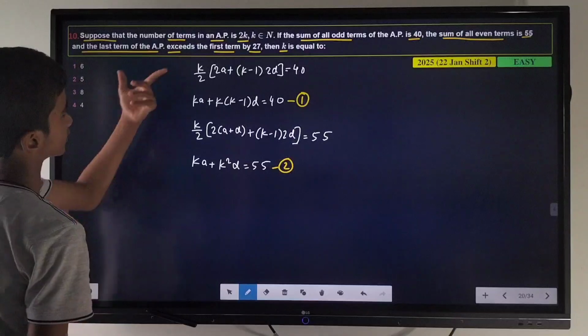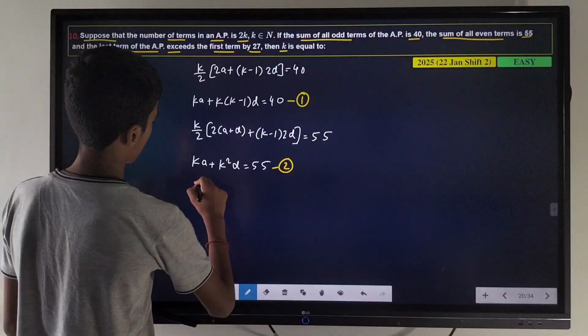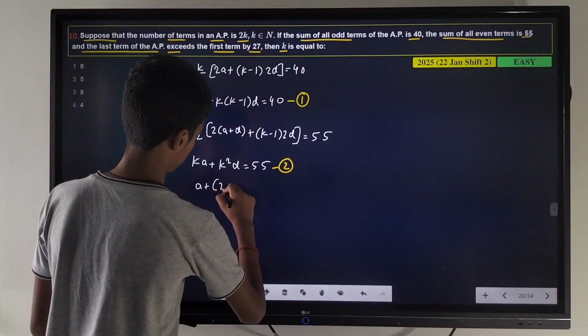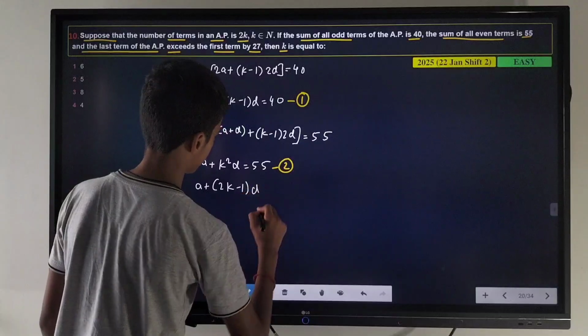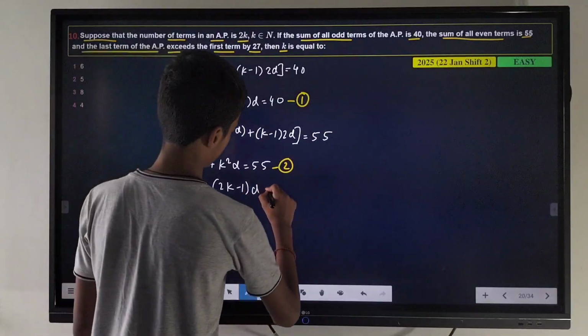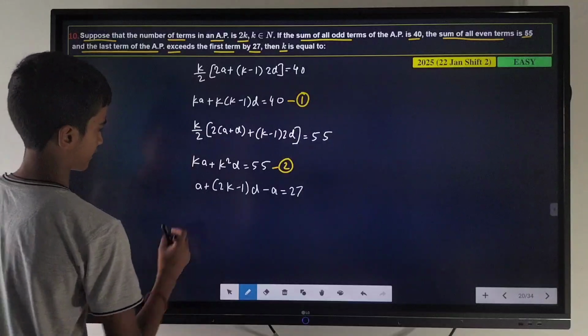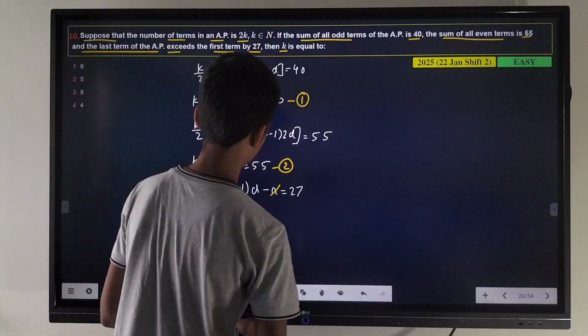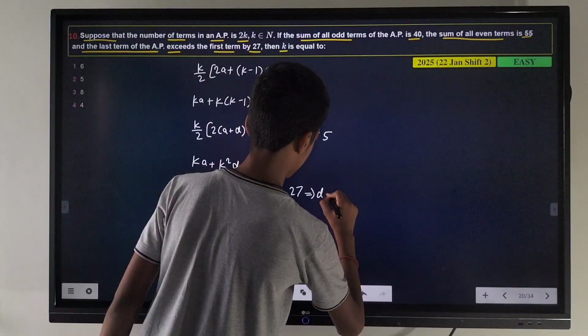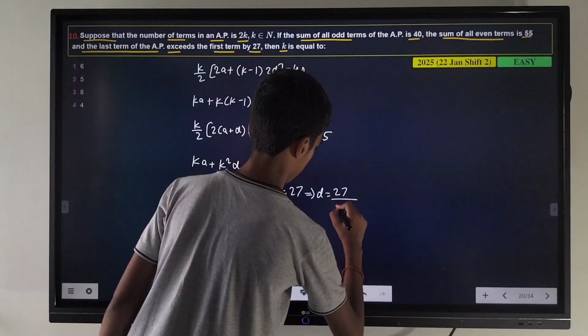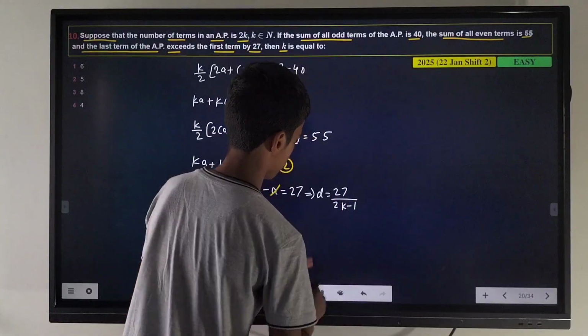First we will use the third one. Last term will be a plus 2k minus 1 d, which exceeds the first term by 27. A and a will get cancelled. From here our d is equal to 27 upon 2k minus 1.